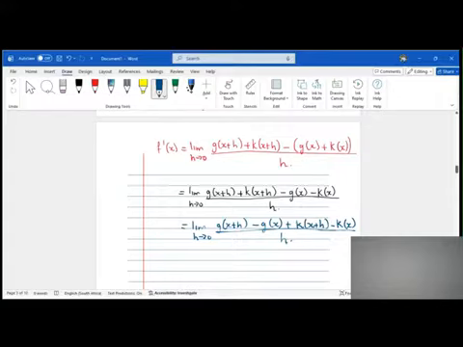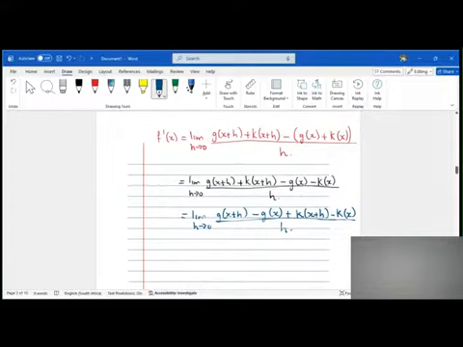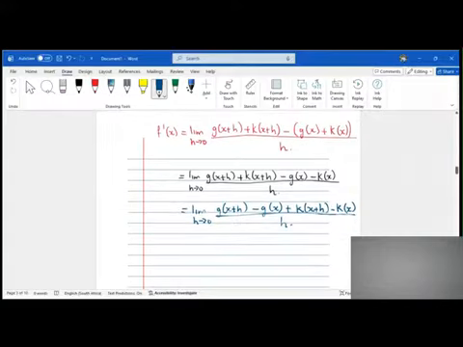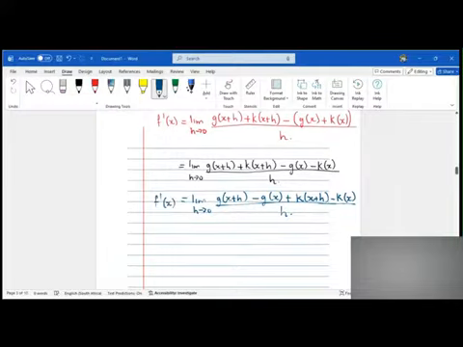Remember, this is still our f prime of x. So that's what we have. I'm going to try again to couple them.